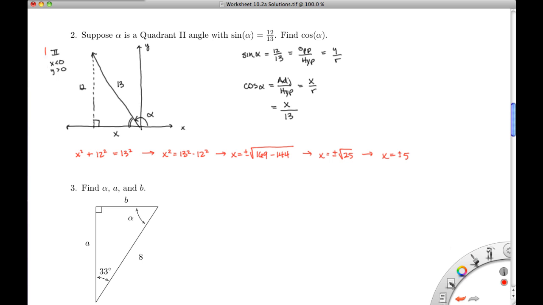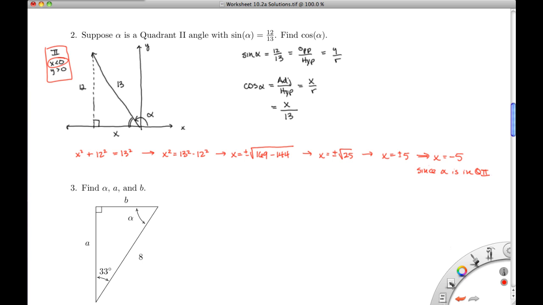Well, that's going to depend on what quadrant we're in. In this case, we're in quadrant 2. The x is going to be negative, so this tells us that x has to be equal to negative 5. And again, this is since alpha is in quadrant 2.